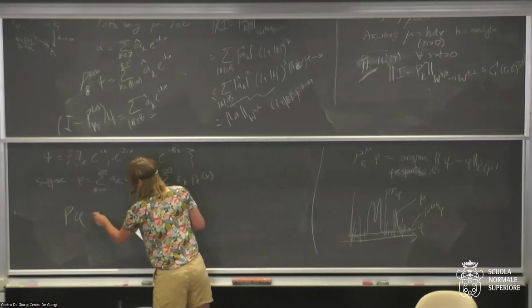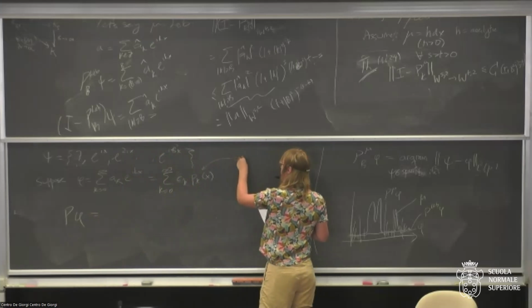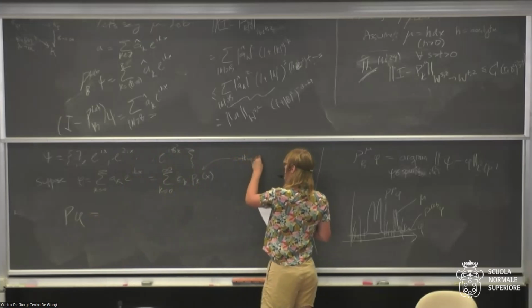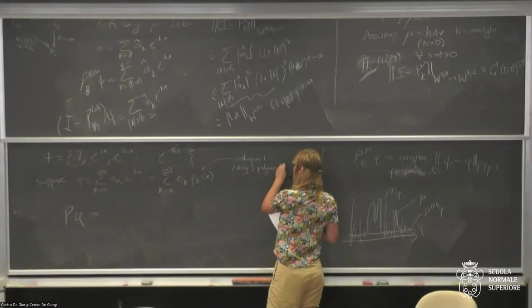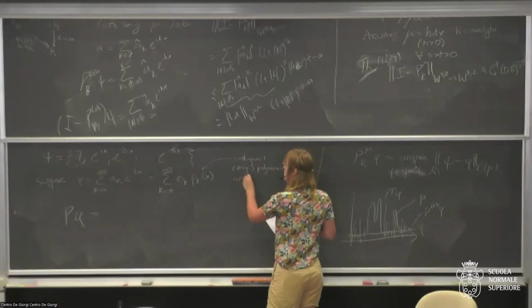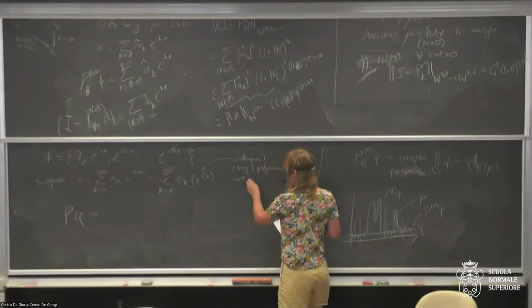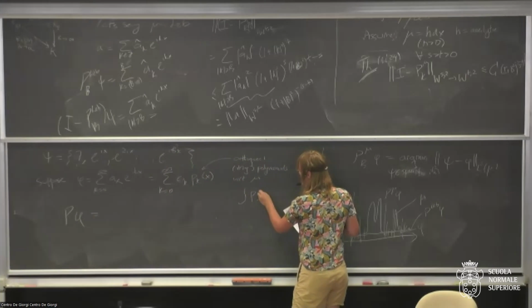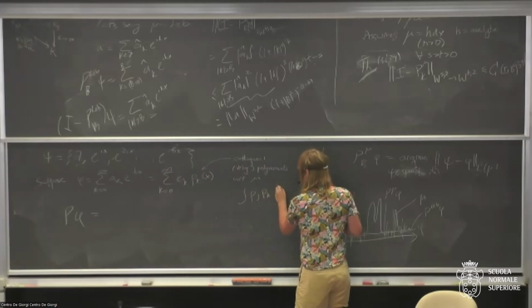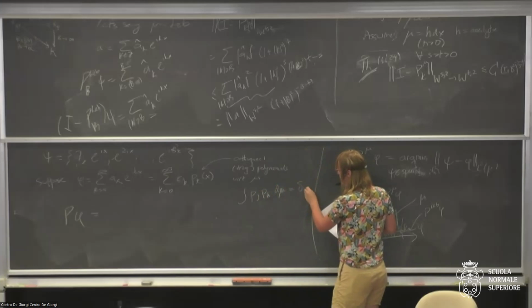If we write this in terms of these guys, which I'm going to call the orthogonal trigonometric polynomials with respect to mu, which is to say that the integral of p_j p_k dmu is delta_jk.